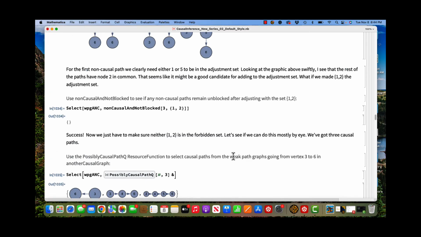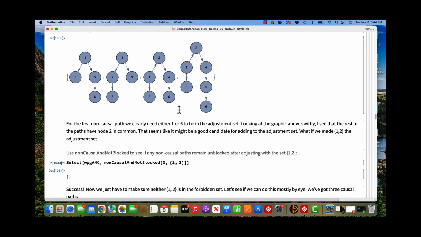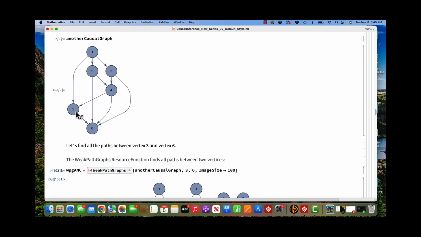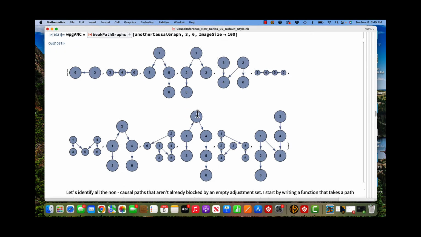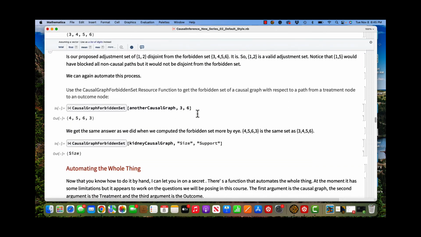You could notice, by the way, that 1 and 5 would also be a seemingly valid adjustment set, but 5 is a member of the forbidden set because it's on a direct causal path there. So we don't want to use 1 and 5.